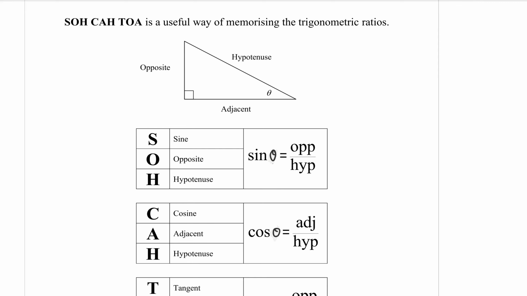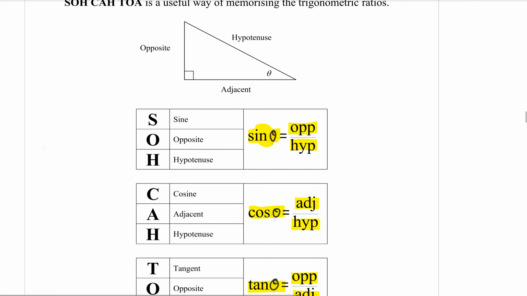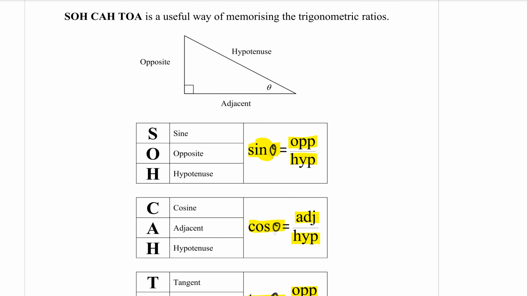Now sine theta, because it's always sine of an angle, is going to be equal to the opposite side over the hypotenuse side. The cos theta is equal to the adjacent over hypotenuse, and the tan theta is equal to opposite over adjacent. To help you remember those 3 formulas, we have a little saying here, which is SOHCAHTOA.